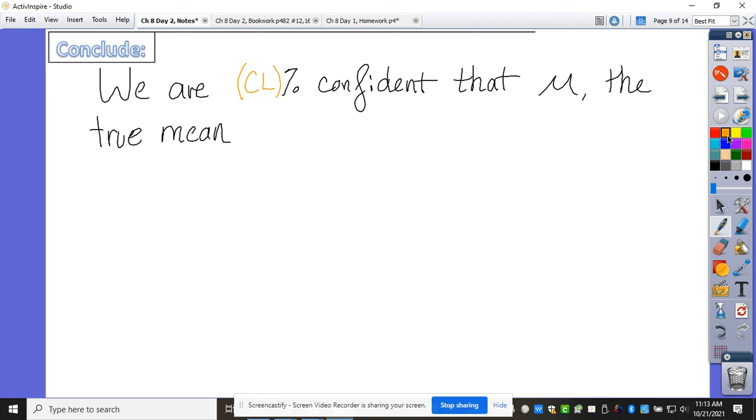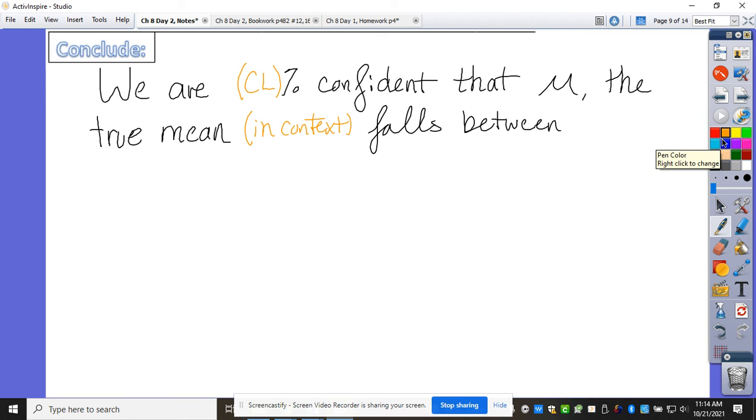And write whatever your context is. And then what? And it's where I'm going to write falls between your lower, including your units, and your upper, including units.